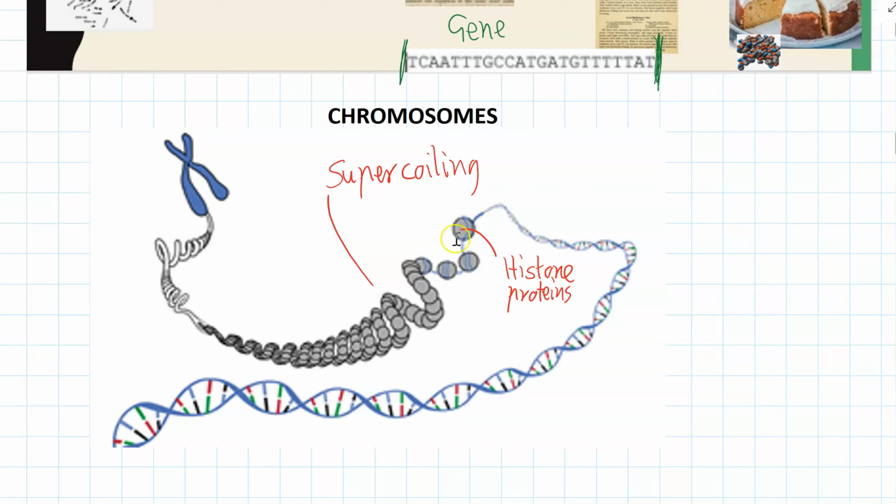And then those coiled up DNA and proteins, they start to coil, and then the coils start to coil. So there's layers and layers of supercoiling until we get to the fully packaged chromosome. And we call that material chromatin. So chromatin is just the DNA and the proteins all packaged together.